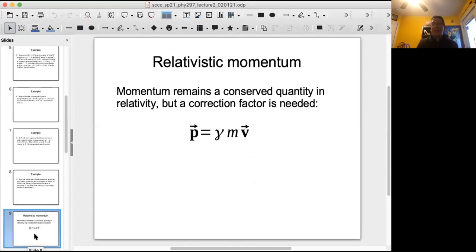So ultimately, momentum in relativistic coordinates is equal to gamma times m times v. So we're going to mirror one of Einstein's thought experiments here.